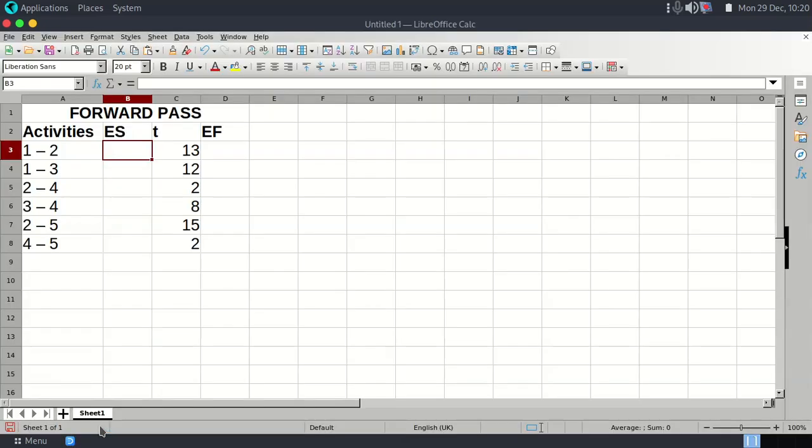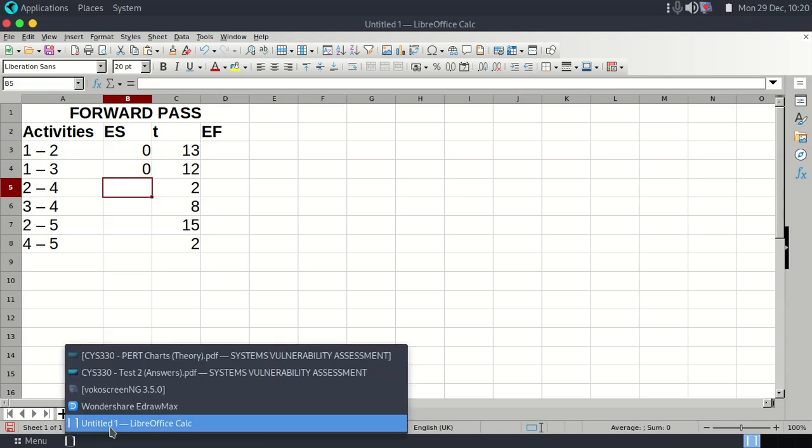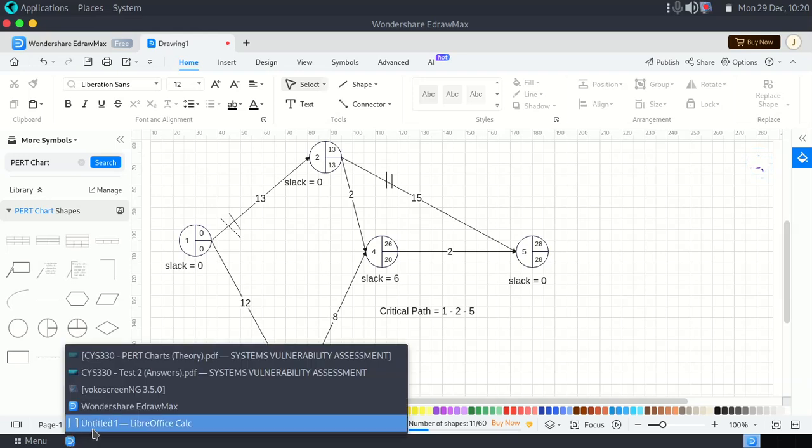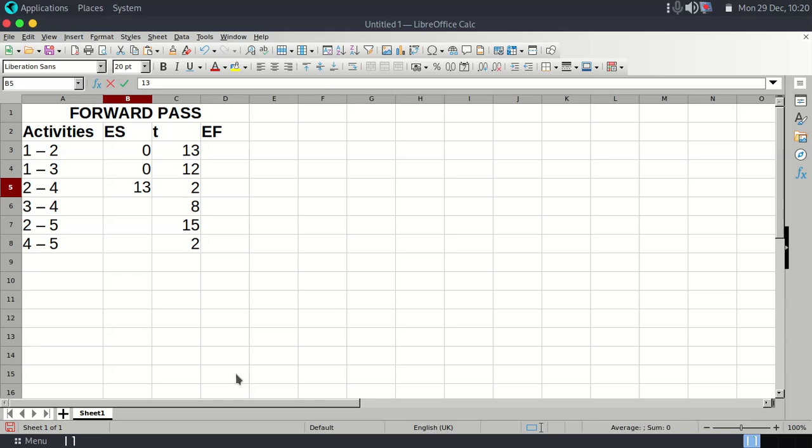So it says 0. Notice here we also have 1 at first, so we just put 0. No waste of time. Now let's go where there's 2. On the bottom we have 13, so we put 13. Again here we have 2, so we put 13.